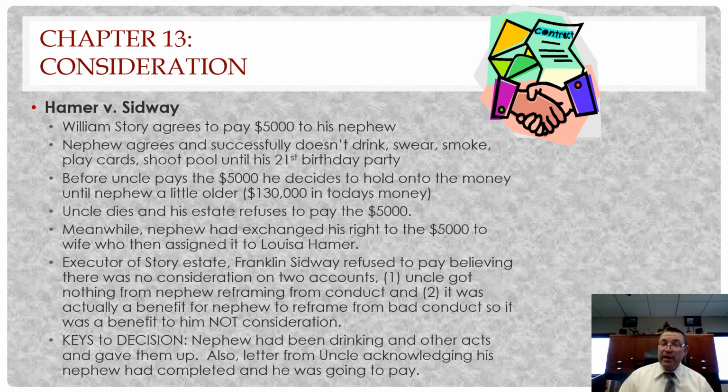Therefore, there was a benefit to the family as well. So in either of those situations, you had consideration, and so the estate had to pay out to Miss Hammer that $5,000.